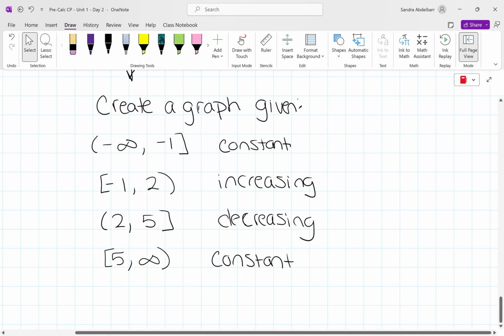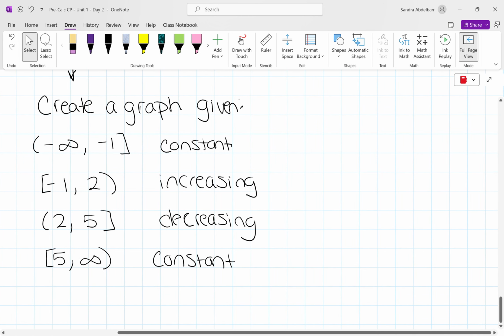Do you think all our graphs will look the same? No, our graphs won't all look the same because it's not telling us anything about the y, right? So we could be above the y-axis, below the y-axis, above the x-axis, below the x-axis, we could be somewhere in the middle. So it really doesn't matter.